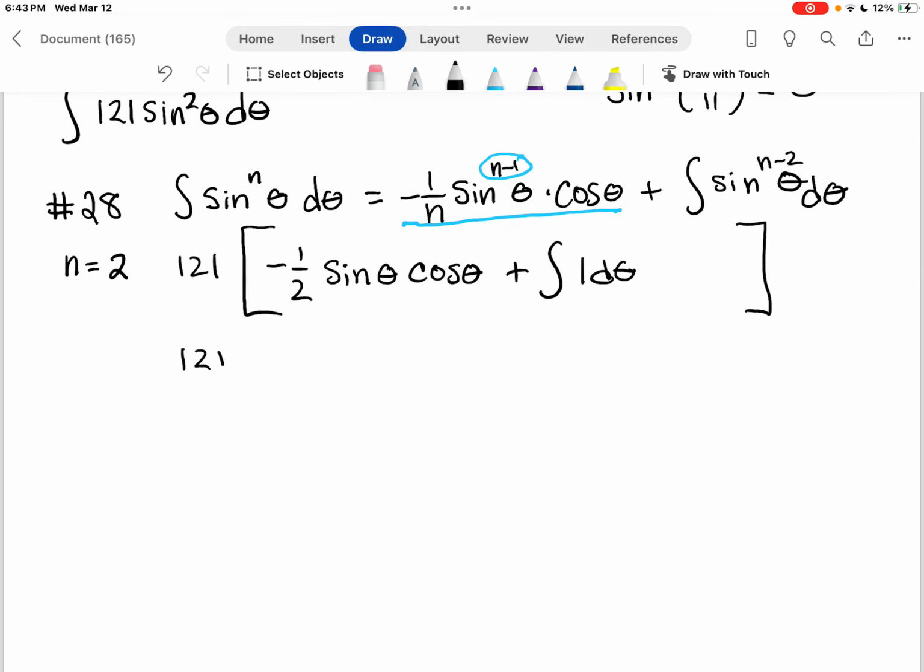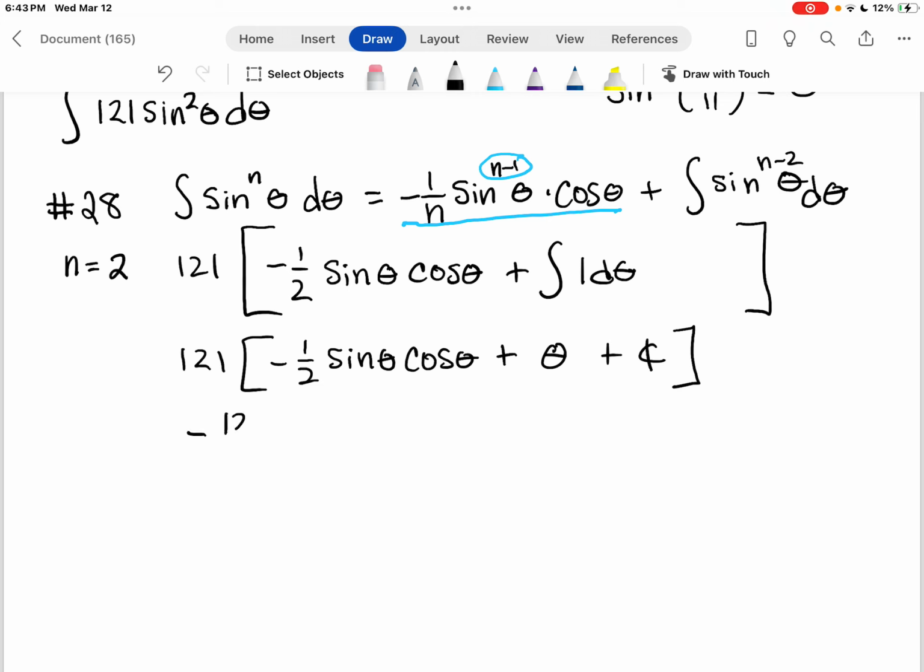Okay, so let's carry this down and keep going. I'm going to copy all of this down. Now when I integrate 1 d theta, I'm going to get just theta, and then plus our constant. Now I need to distribute that 121.